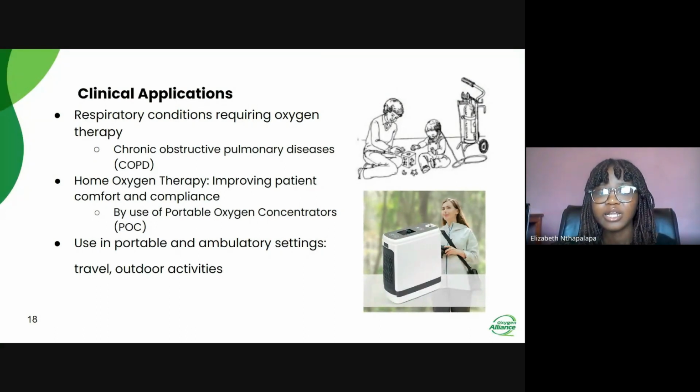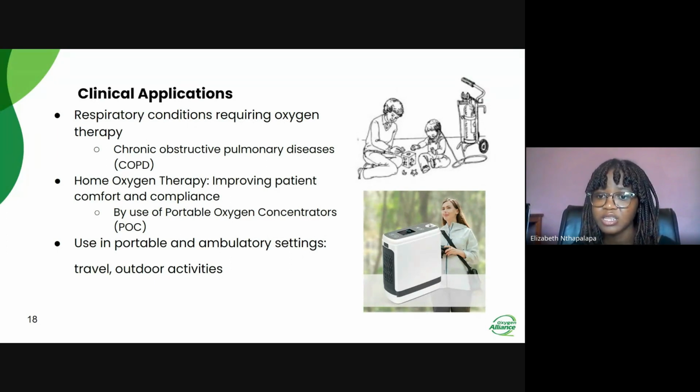And actually, they have used this technology to be incorporated in the portable oxygen concentrator, which is just known as POC. So these have helped to improve the patient comfort and compliance. We are also seeing that it has made the oxygen concentrator portable enough.